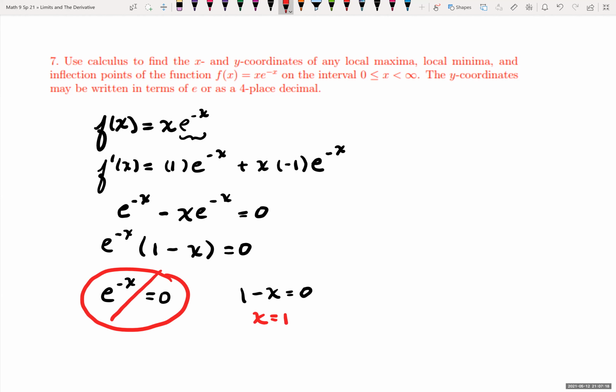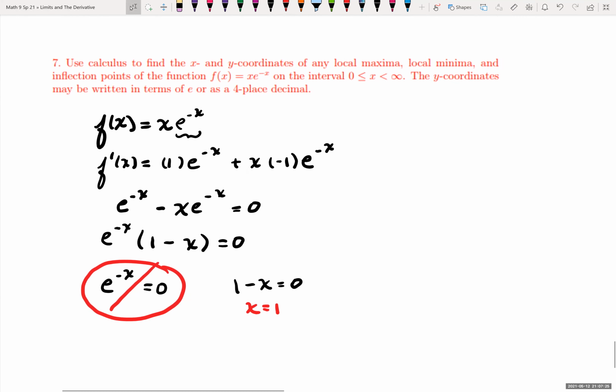Okay, so we have to look at the following. Is 1 going to be a max or a min? A couple of things that we can do: we can test our derivative on the left and the right of that to see if it's decreasing and then increasing, coming from 0 and going to infinity.